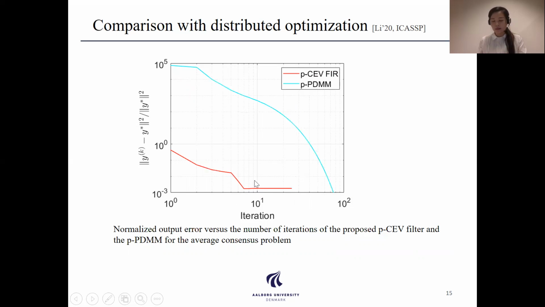This is the main advantage of graph filtering compared with distributed optimization: it requires fewer iterations, so it's more communication efficient. But one shortcoming is that it saturates at a certain error floor, while PDMM, the distributed optimization approach, can still converge if you allow more iterations.